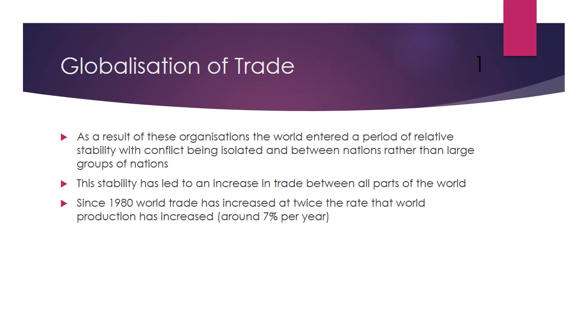It's the fact that we're selling that stuff to other countries and we're trading with each other. So it's not that we're suddenly making loads more things, although we are, but more, at twice the rate, that we're selling stuff to everybody else and obviously buying stuff from everybody else. So world trade, the selling of stuff across the world, has really been the big thing that's happened since 1980, quite dramatically.